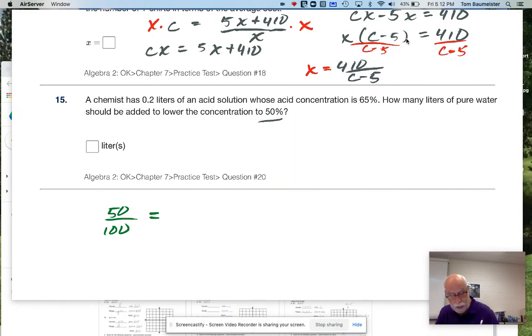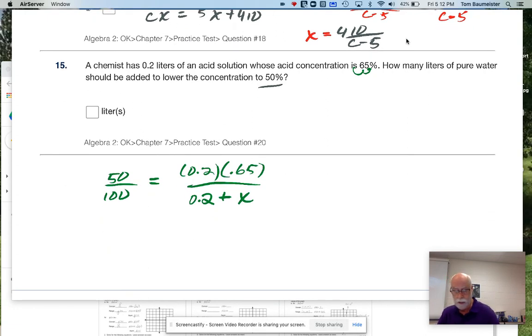So we're going to say that's 0.2 or 2/10, and then we're going to take our 65%, well, 65% is 0.65. Remember, you would start there, 1, 2, so 0.65. And then on the bottom, we know we already have 2/10 of a liter, but we're going to have to add something. What we're adding is the x, the water. So that is our formula right there.